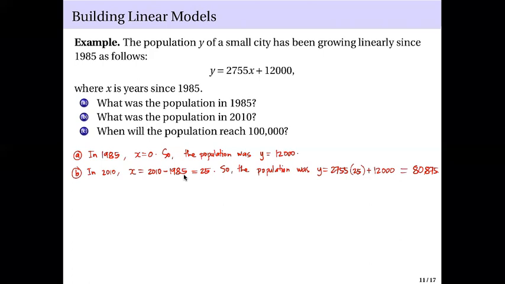And finally, for letter C, when will the population reach 100,000? So for letter C, we want to find X so that we have 100,000 equals 2755x plus 12,000.